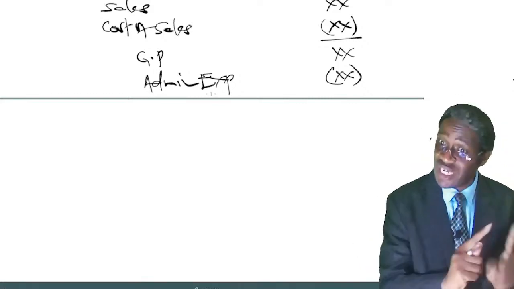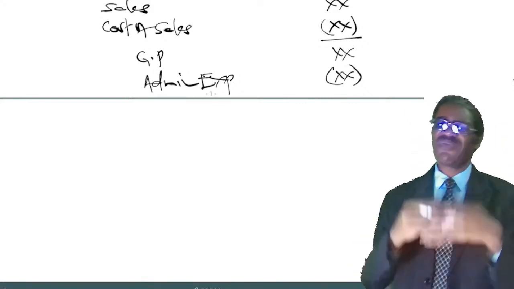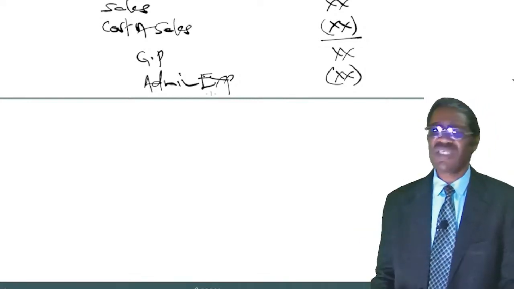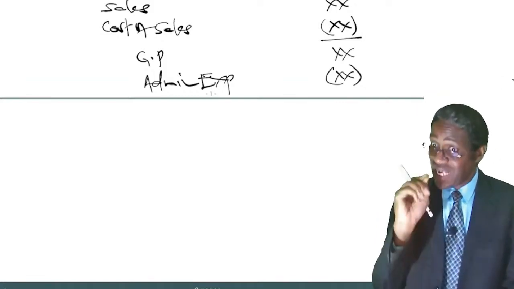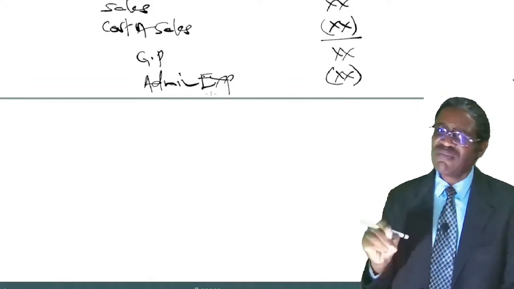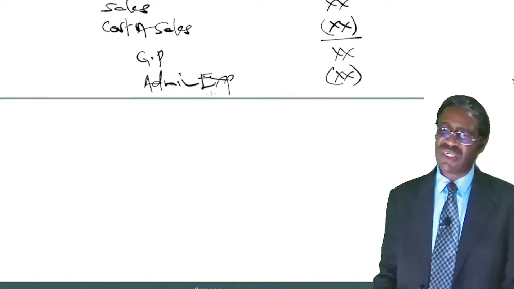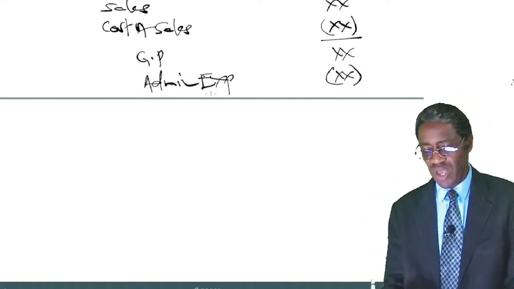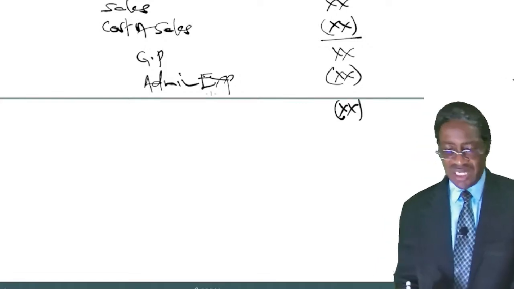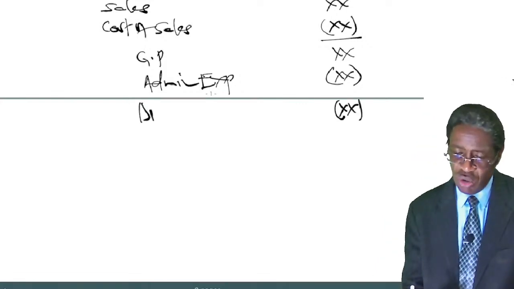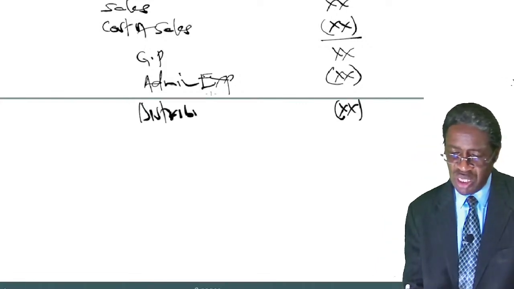There are many, like advertising, depreciation of delivery van, salesman expenses, and so on. But again, you don't list them individually in the income statement. You are required to bring them as a single amount under the name of selling and distribution, or you can just call it distribution expenses.